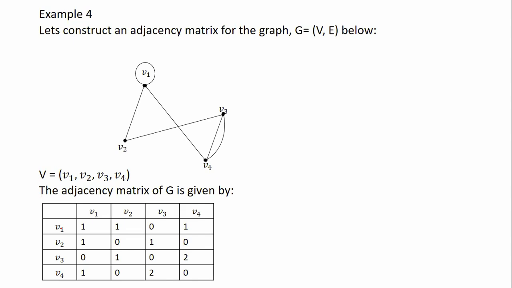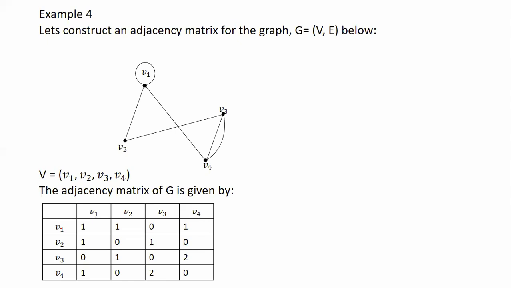If not, 0. But at times between two vertices we may have two or more edges. When you have a multigraph, we count the number of edges that connect them and write it down there. Are you okay with that?